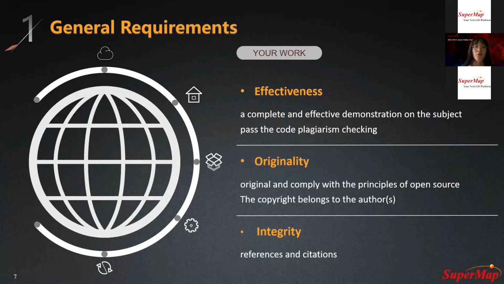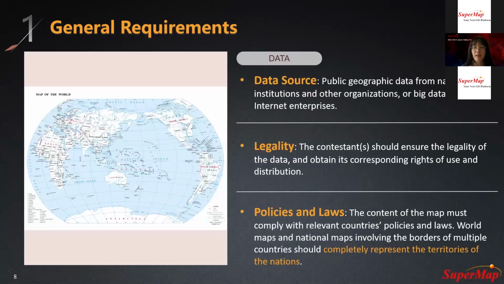And for the data you used in your project, there are 3 requirements: data source, legality, and policies and laws. For data source, we recommend you to use public geographic data published by national institutions or other organizations and internet enterprises.